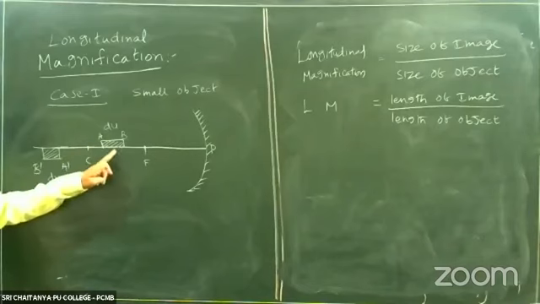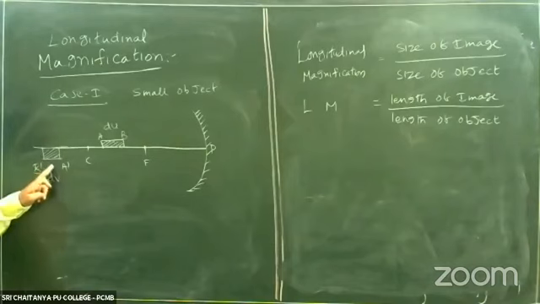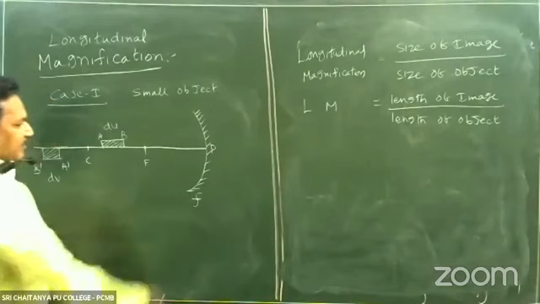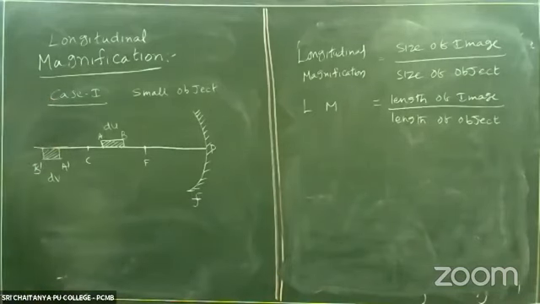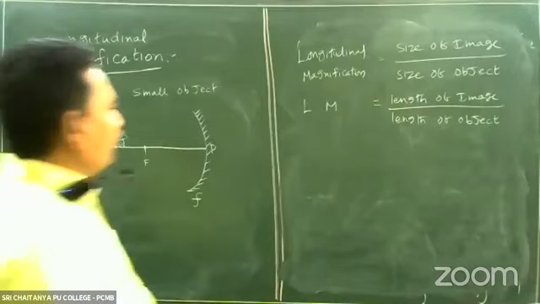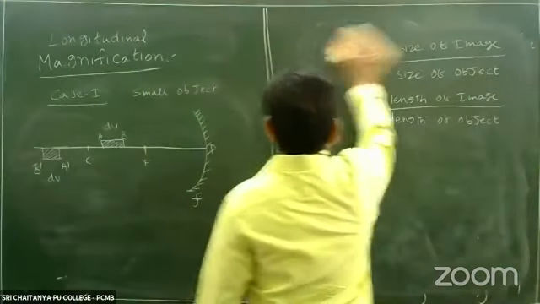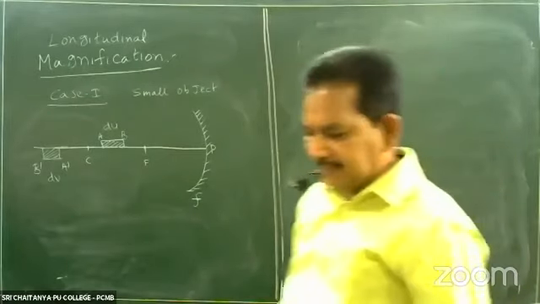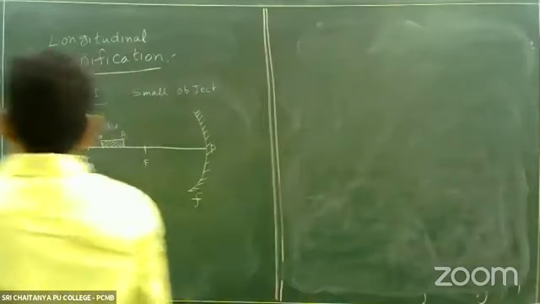What is the object? AB is the object. What is the image? A dash B dash is the image. What is the focal length of the mirror? F is the focal length. Now, how to derive the longitudinal magnification?